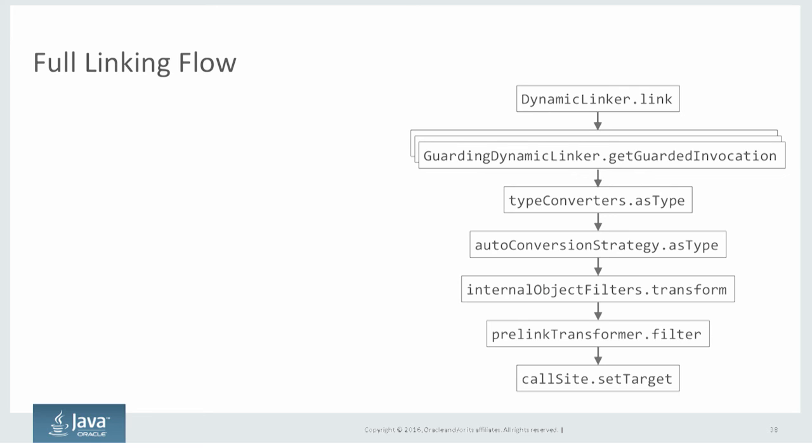The one thing that is commonly under control is passing a link request to known guarding dynamic linkers and decoding operations. Also, type conversions are commonly applied as required by the language implementation at hand. Most of the other things are hooks for more advanced language runtime mechanics.